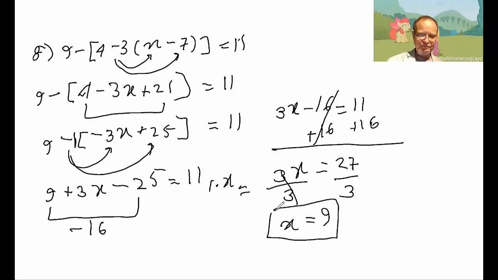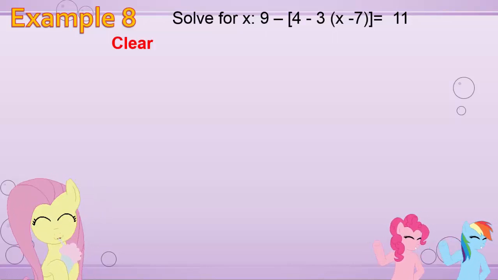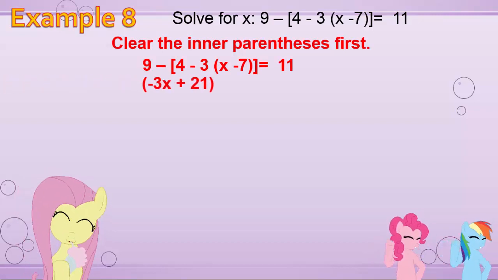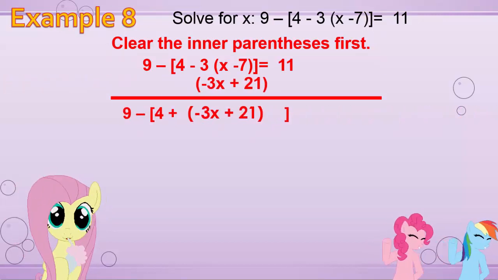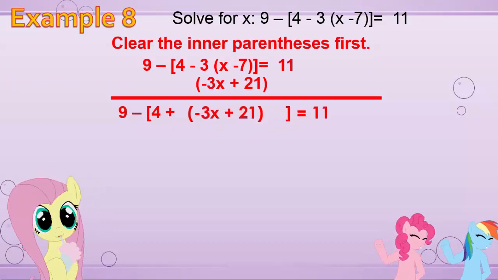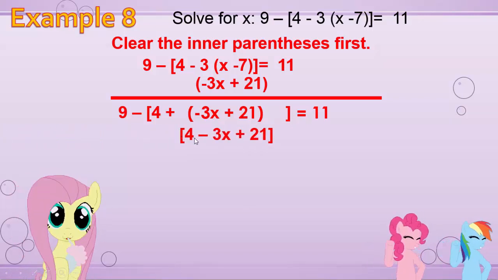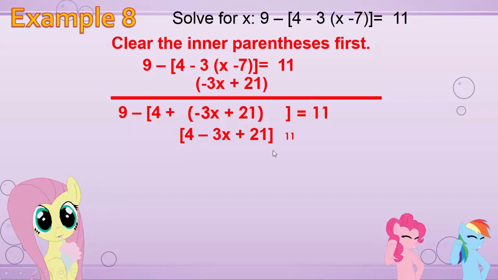answer. In reviewing what we just did on the whiteboard, we cleared the inner parentheses first. So then we got in the square parentheses 4 minus 3x plus 21.